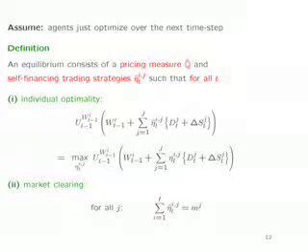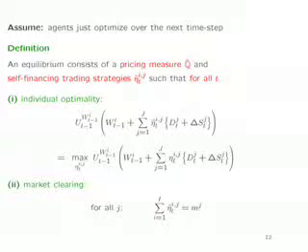Okay, then an equilibrium will consist of a pricing measure Q hat, and now dynamic trading strategies, eta hat i,j,t, such that for all times t, I have individual optimality, which means now at every time t minus 1, agent i rebalances his/her portfolio in such a way that it's optimal over the next time step. So that's just from time t minus 1 to time t.